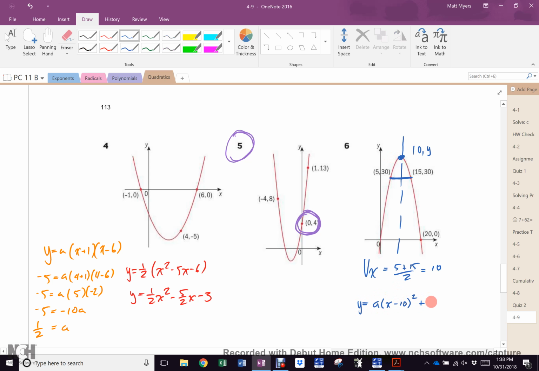Plus q, right? I don't know it, do I? Oh, yeah. Do I know it? No. No, I don't. I have 3 unknowns here, don't I? But I don't really, because don't I have a point for x and y? And can't I figure out a?